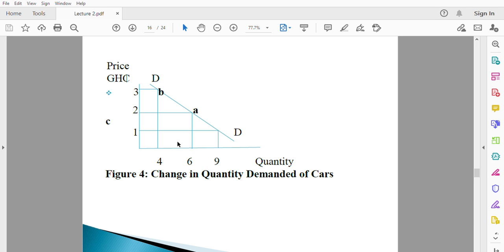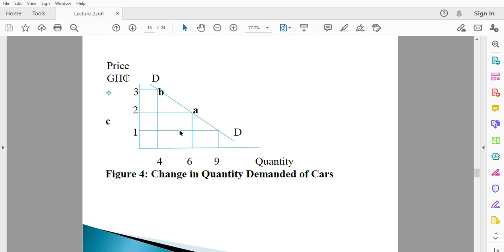At a decrease in price, there is an increase in quantity demanded because the quantity was altered by a change in the price of the commodity. This is called change in quantity demanded. So there's a difference between change in demand and change in quantity demanded.